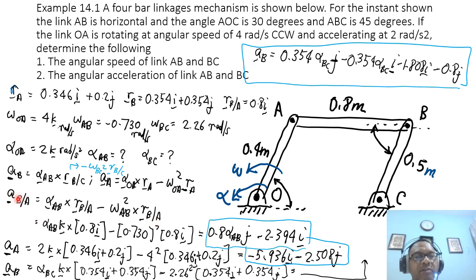Here I continue: acceleration of B relative to A is alpha AB K cross 0.8i, where 0.8i is the position vector.